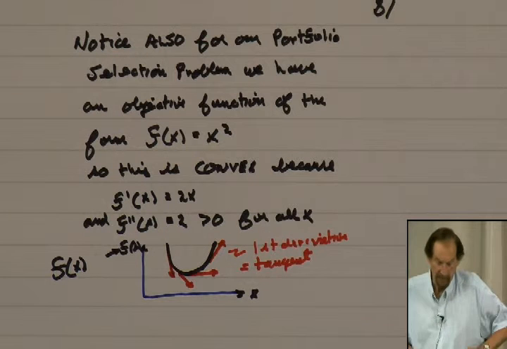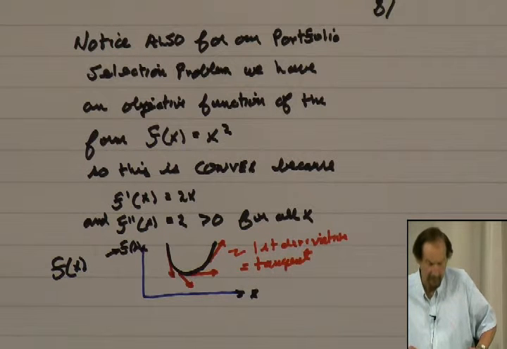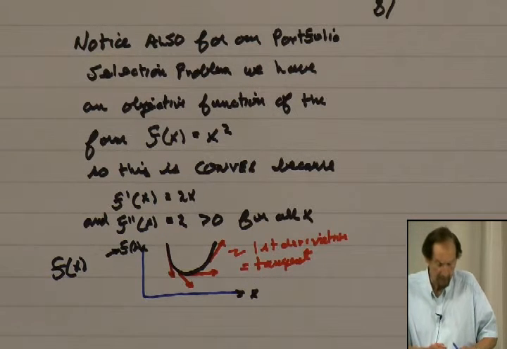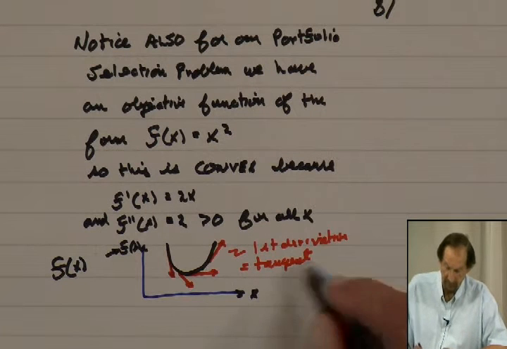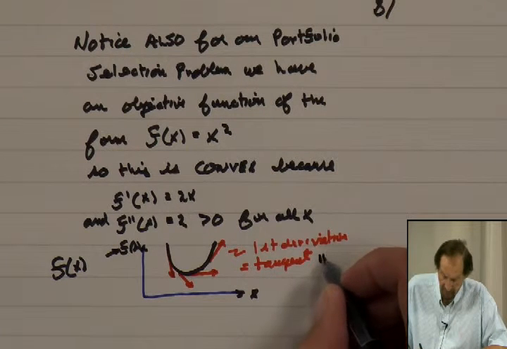The tangent to the curve at any point is equal to the first derivative of the function at that point. And what do we have? That first derivative equals tangent is increasing.